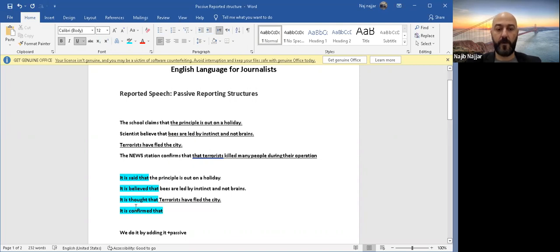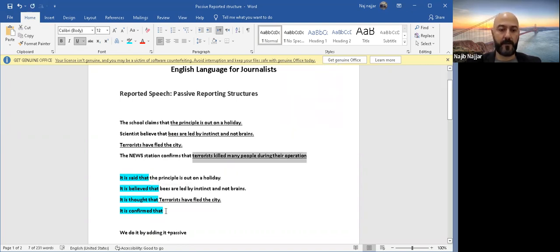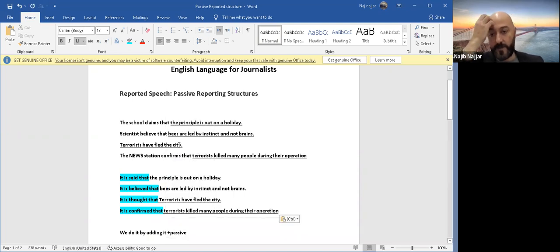Sentence number four, it is confirmed that terrorists killed many people during their operation. Okay, so these are four sentences reported perfectly by reporters this way.